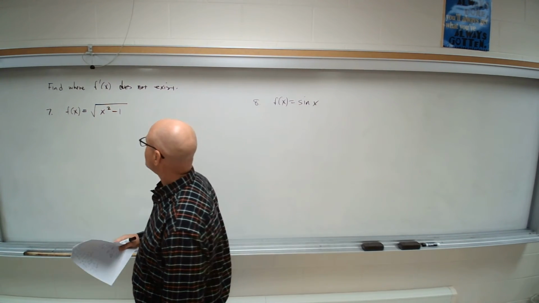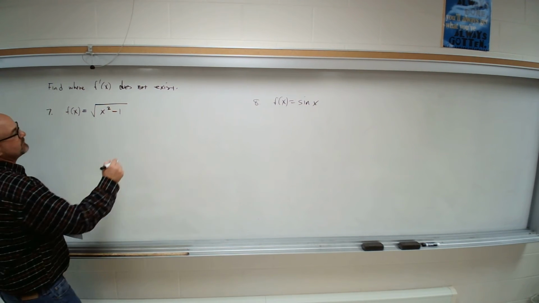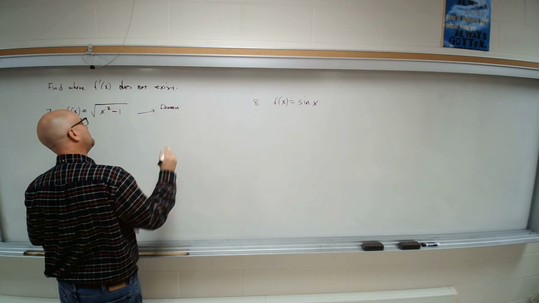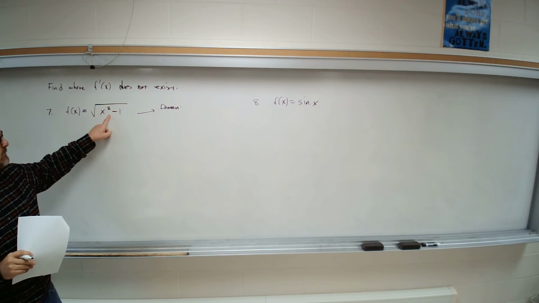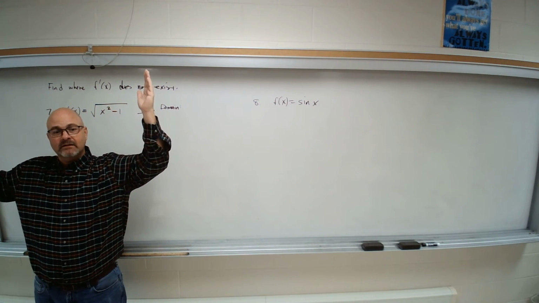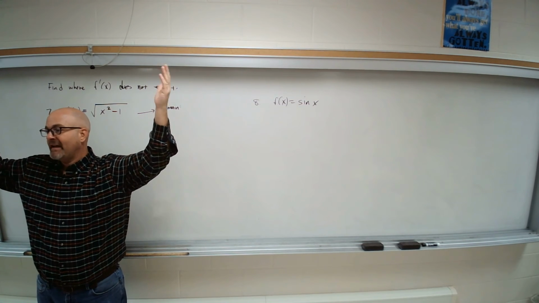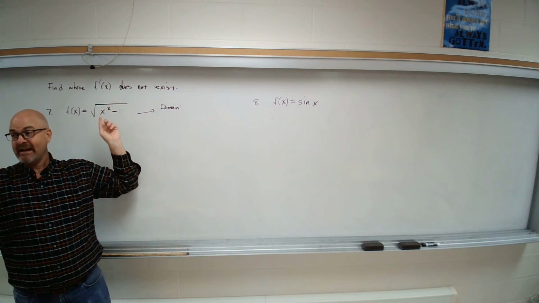So with this one, if I look at this original function's domain, algebraically you could do an inequality, but if you think about it, underneath the square root is a parabola that opens up, correct? And it hits the x-axis at negative 1 and 1. Everything outside of those is positive, which we're good taking square roots of.